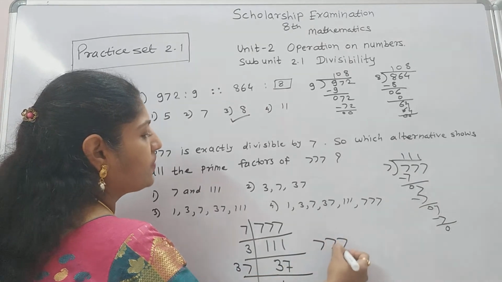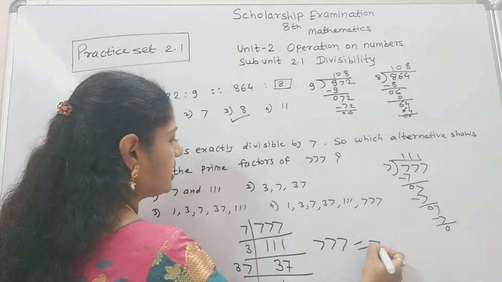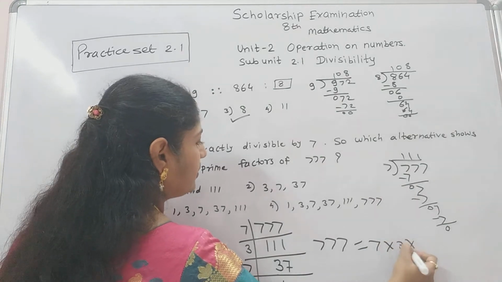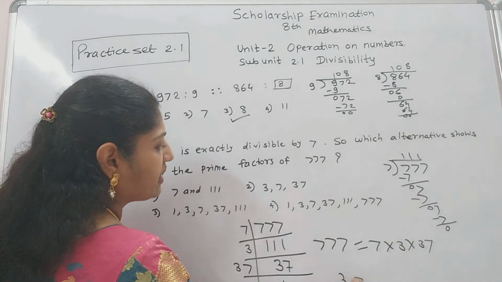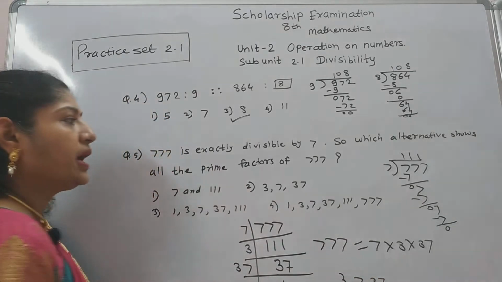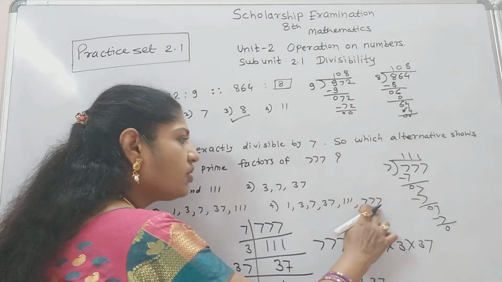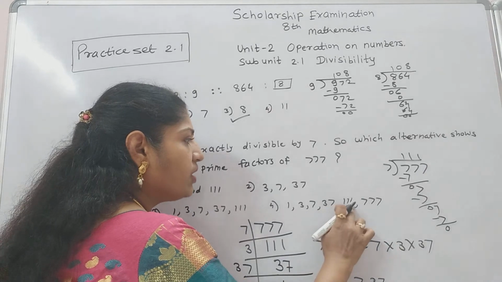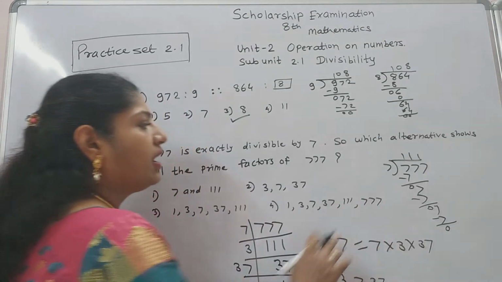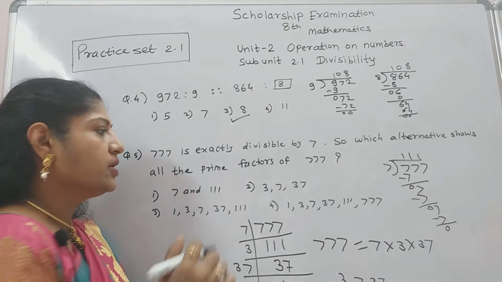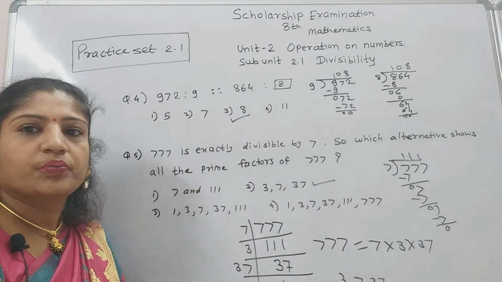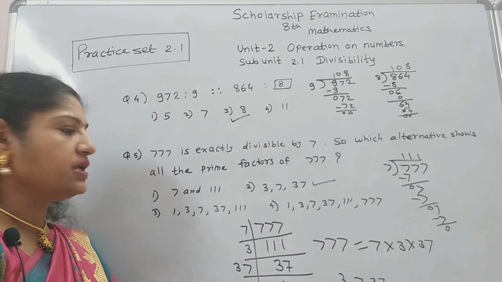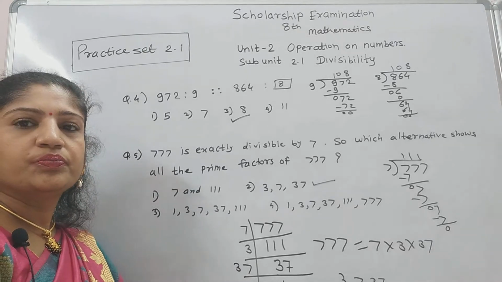So the factors of 777 are 7 into 3 into 37. So our answer is 3, 7, 37 are the prime factors. 111 is also a factor, but 111 and 777 are not prime numbers. So our answer is option number 2.